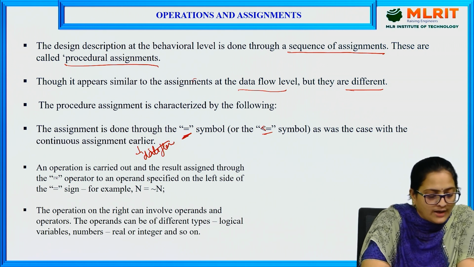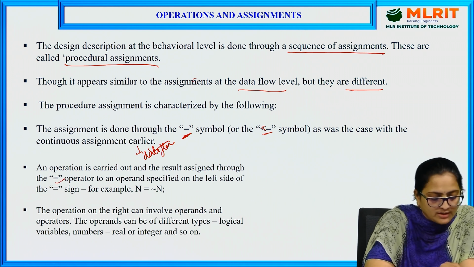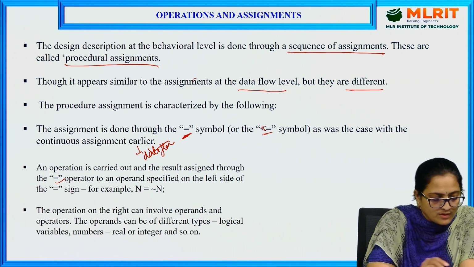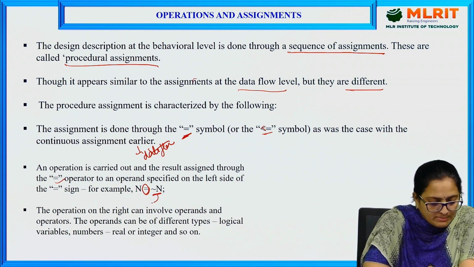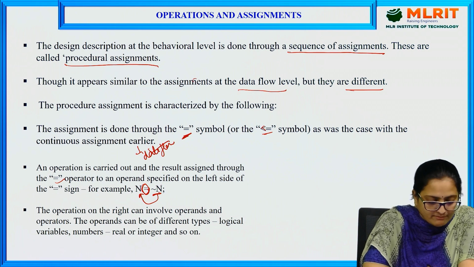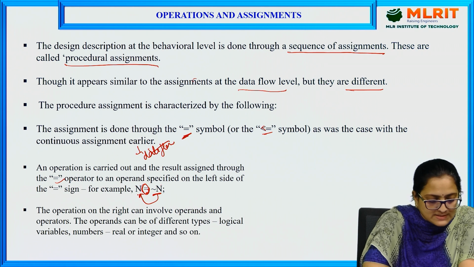Here, an operation is carried out and the result is assigned through the equals to operator to an operand specified on the left hand side of the equals to. For example, the NOT of A will be given to N: the complement of A will be assigned to this N only with the help of this assignment operator, the equals to operator.